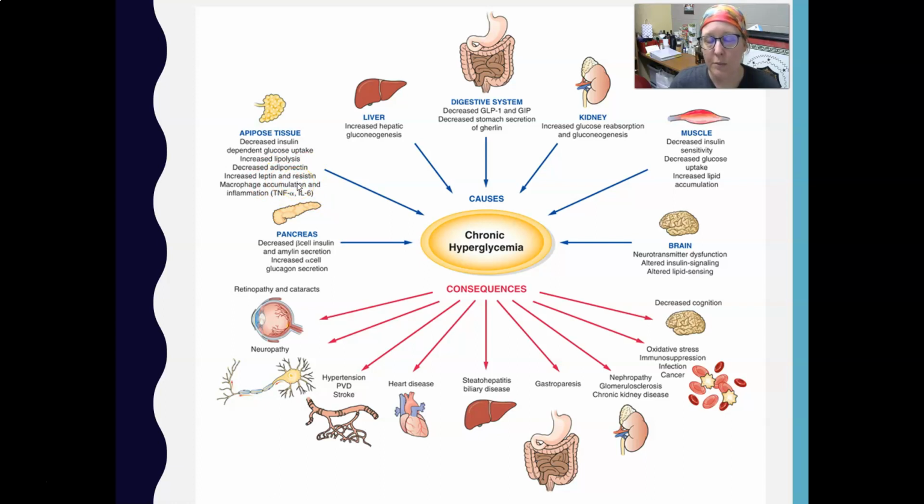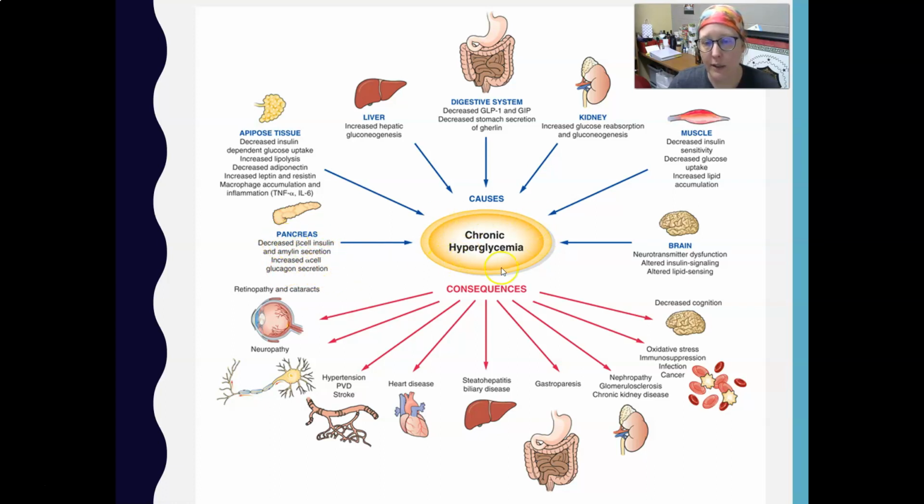Just like you can develop insulin resistance, you can develop leptin resistance, where the brain is not responding to the leptin signaling, and it thinks that you're skinny and starving and need to eat more. Then you get macrophage accumulation and inflammation, so having too much fat tissue is inflammatory to your body. In the pancreas, you have decreased beta cell insulin and amylin secretion and increased alpha cell glucagon secretion, which we had talked about.